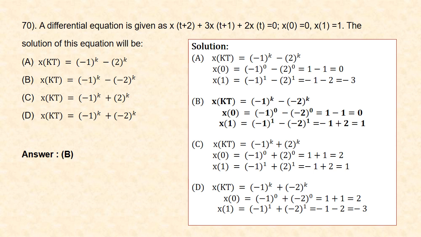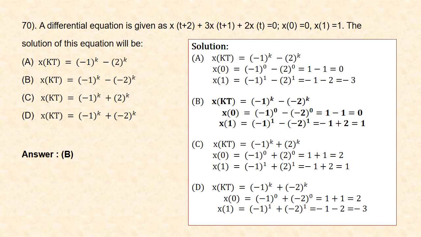So, substituting in the given options, first x of k is equal to minus 1 to the power k minus 2 to the power k. Now, if you substitute k is equal to 0, we have minus 1 to the power 0 minus 2 to the power 0, which is equal to 1 minus 1 is equal to 0.